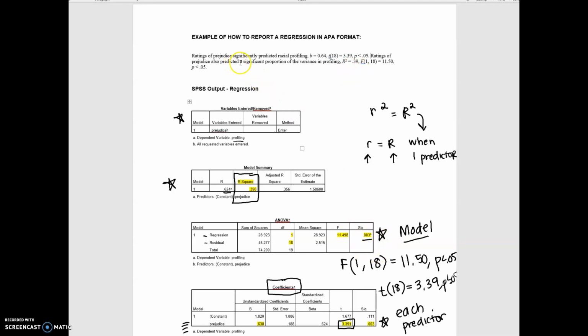So we can say that it predicted a significant proportion of variance in profiling, which is what we were predicting. This is our criterion. And then we've already indicated the degrees of freedom for the F, so that's typed here, what F equals, which is typed here, and that it is significant is always p less than 0.05. And that's how you would write up the results for a regression from SPSS.